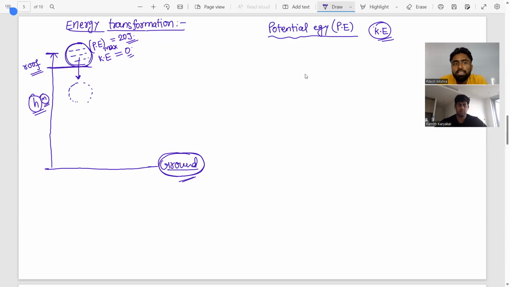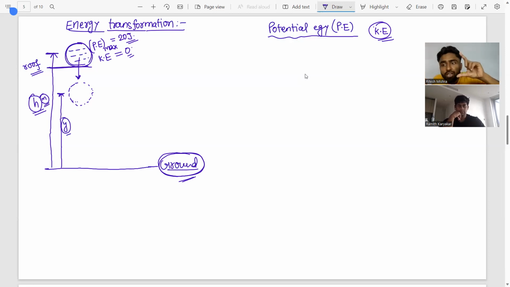The distance from the ground is less than the initial distance. Let us assume this distance is y. You can see that y is less than h.